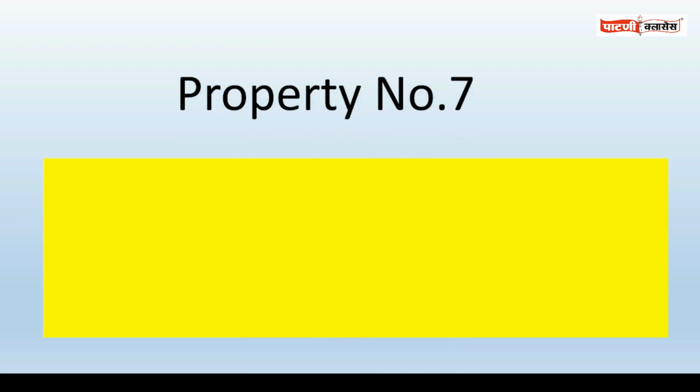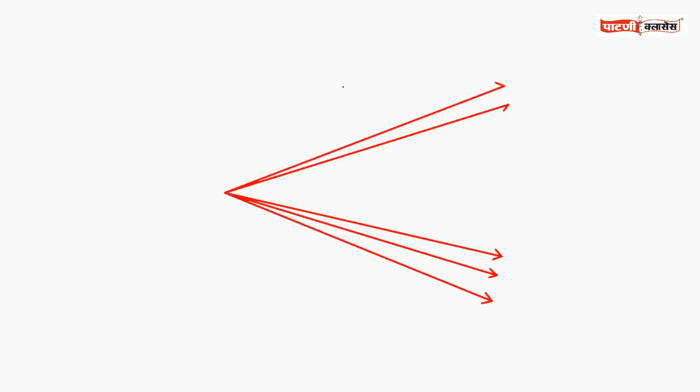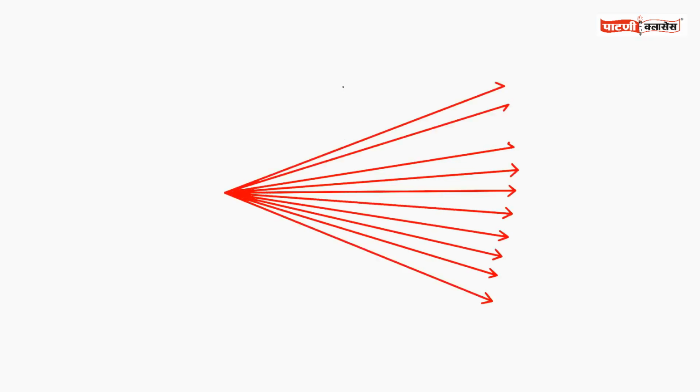Property 7. The spreading of lines of force depends upon the electric field intensity in a given region.